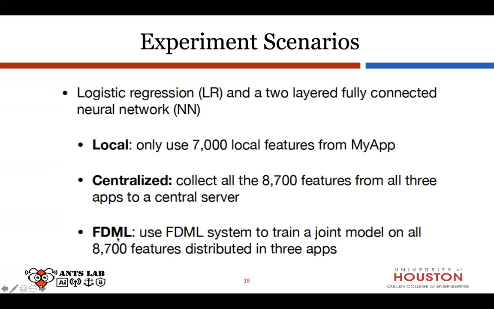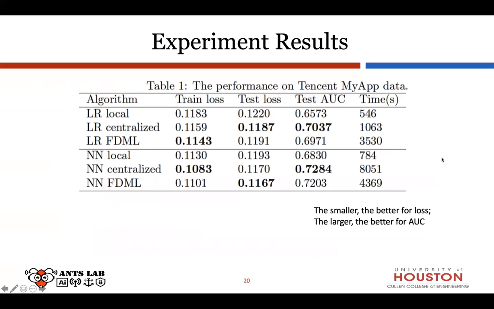And for their FDML method, it used the FDML system to train a joint model on all features distributed in 3 apps. So it's a feature distributed machine learning framework. And here are the experiment results.